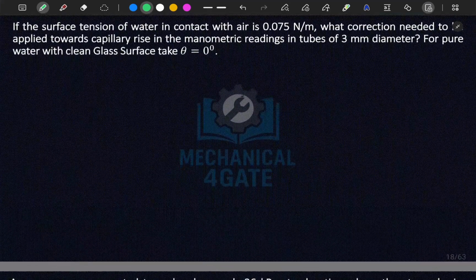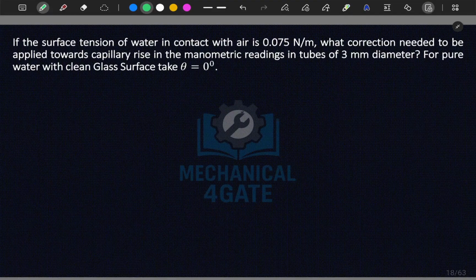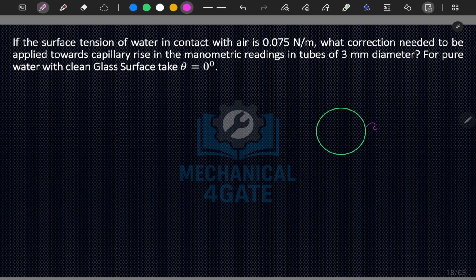If the surface tension of the water in contact with air is this, the correction needed to be applied toward capillary rise in the manometer reading of a tube of 3 mm diameter. So let's say this is the pipe and we have installed a manometer inside this.